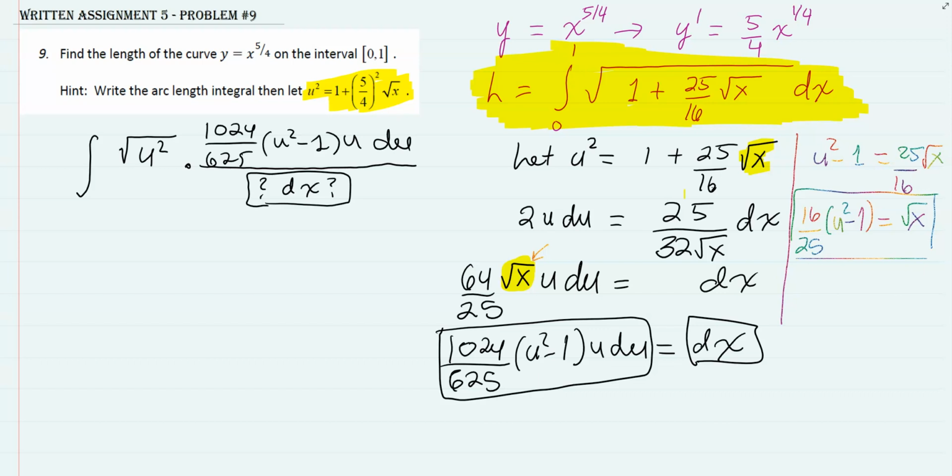So that integral is going to be simplified to the integral of the square root of u squared, and I can take the constant on the outside, so I will have 1024 over 625, and then I will have u times u times u, which is u squared times u squared is u to the fourth, minus u squared times 1 is u squared, du. So now we see it.